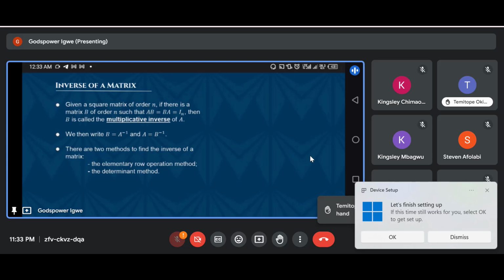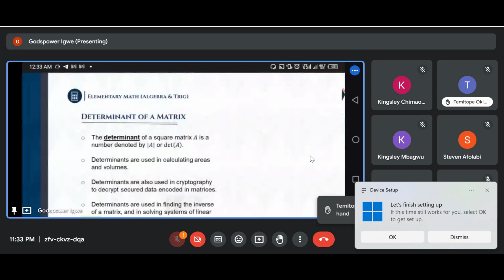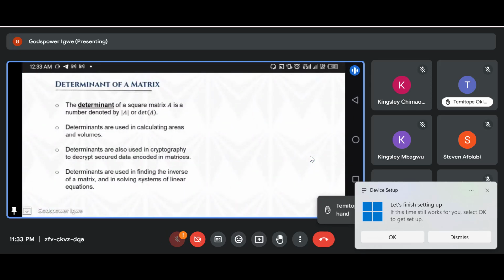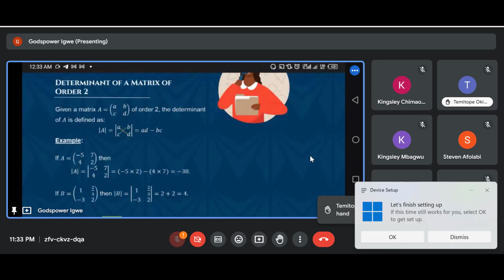So 1 over determinant multiplied by the adjoint of matrix A. So we look for a short form of getting those things last time. So the determinant of a matrix of order 2.